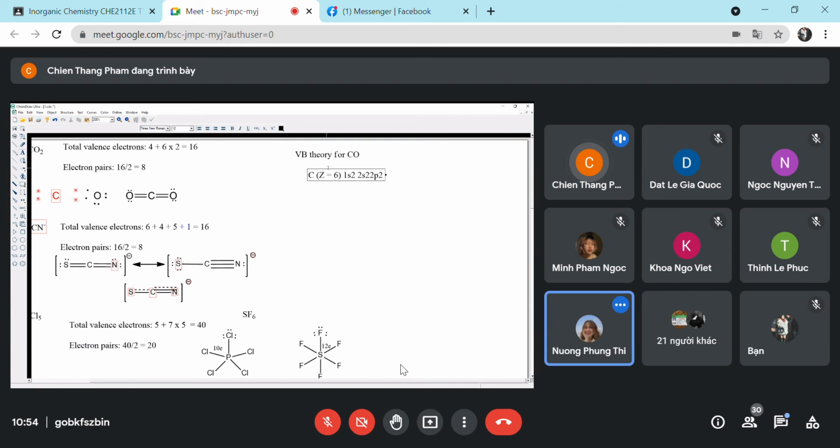Okay, so this one is the atomic structure of carbon. Now we consider only the valence electrons of carbon.